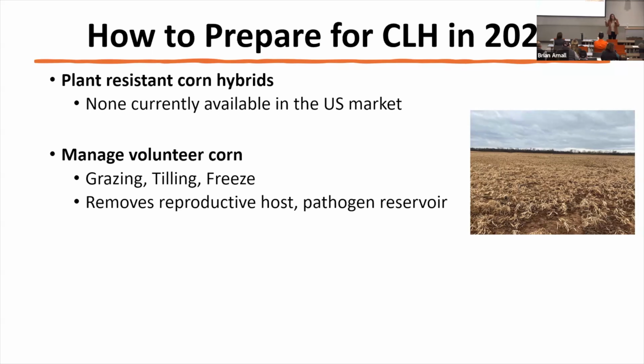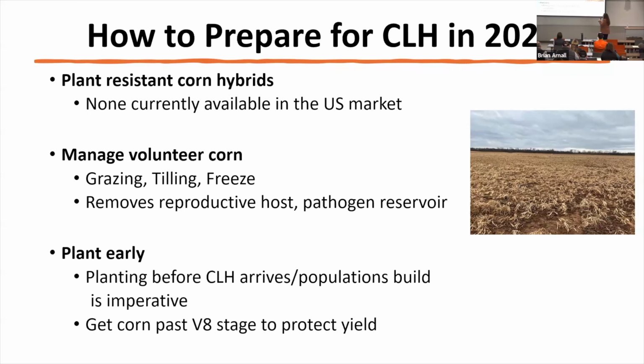It'd be interesting to see if they're still in there, since we've had these warmer days, which will increase insect activity to where they're probably going to want to fly and find that green nutritional resource. Also, as Myra pointed to, if we manage this volunteer corn, we're removing the reproductive hosts, so we're hopefully not adding to the population, and we're also knocking out that pathogen reservoir as well.